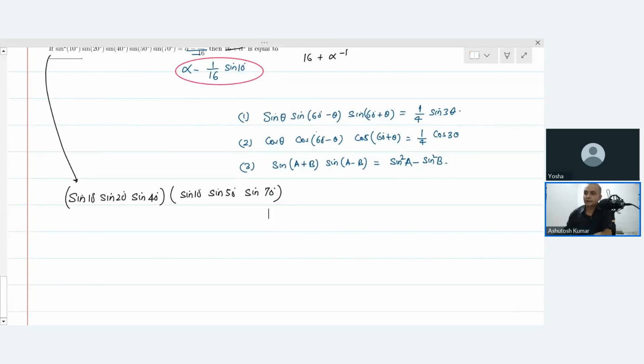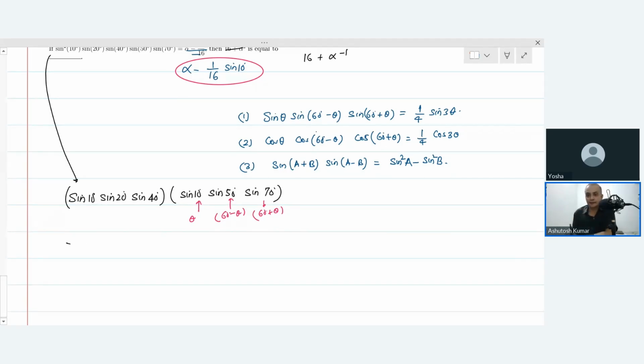You notice one thing here. This is sine 10, that is theta. This is 60 minus theta, because 60 minus 10. And this is nothing but 60 plus theta. Correct or not? Yes, sir. So can we write directly 1 by 4 of sine 3 theta? 3 theta is 30.